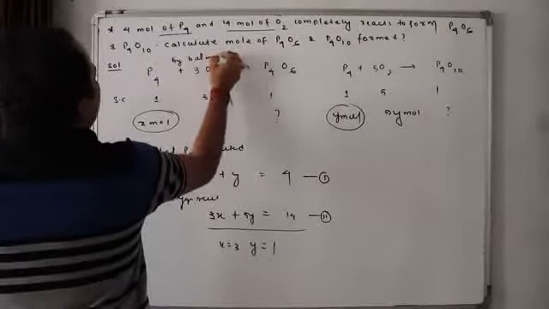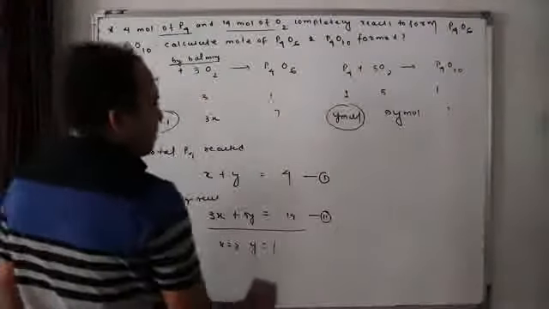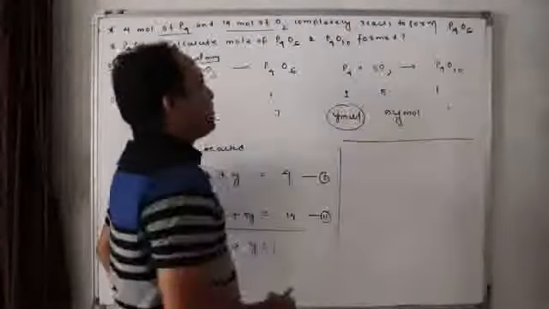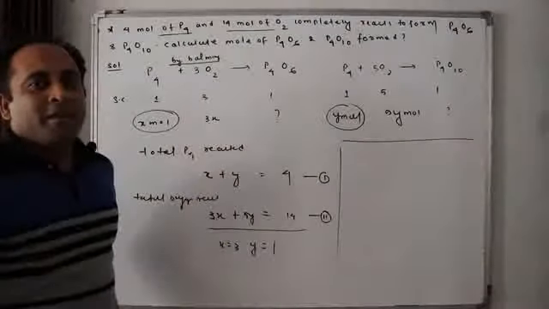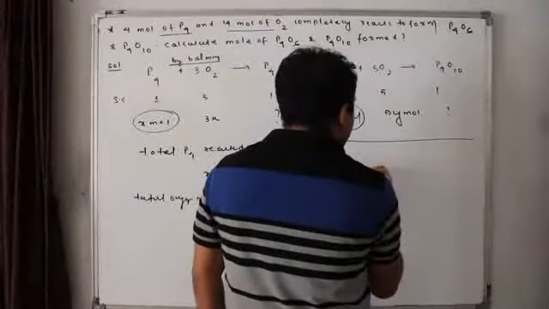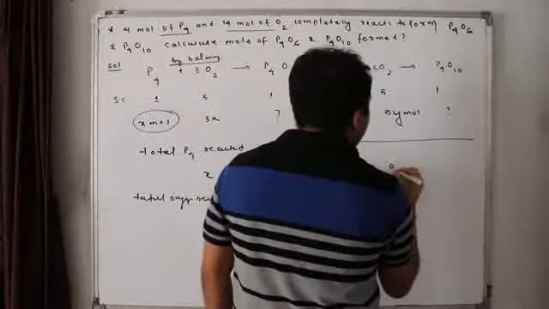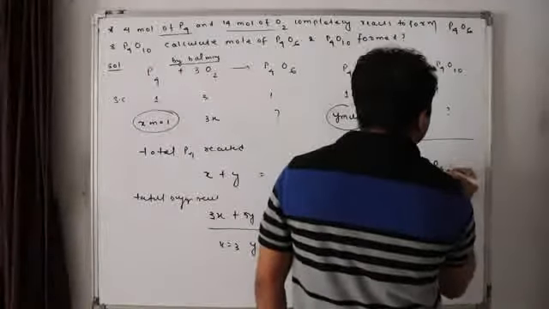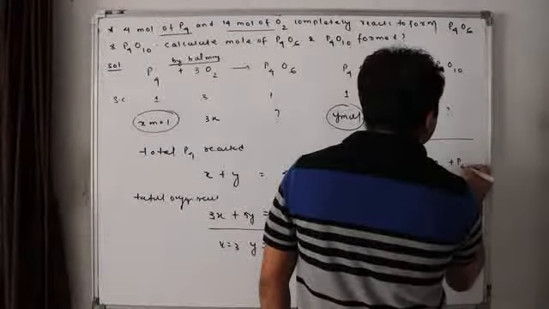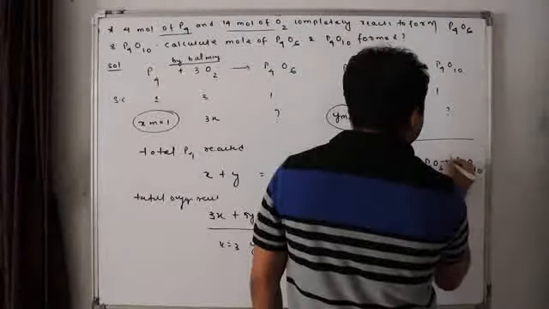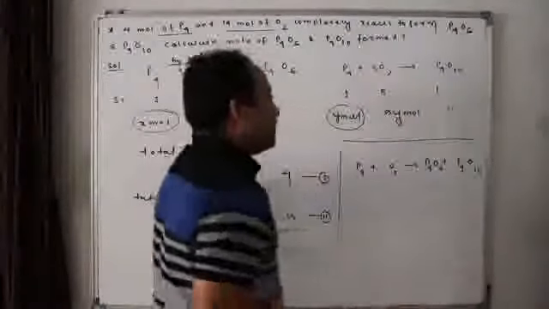Now the problem arises if you don't know this, that phosphorus reacts differently. What you people will do, expected from you: you will do P4 plus O2 gives rise to P4O6 plus P4O10, straight away in this manner.